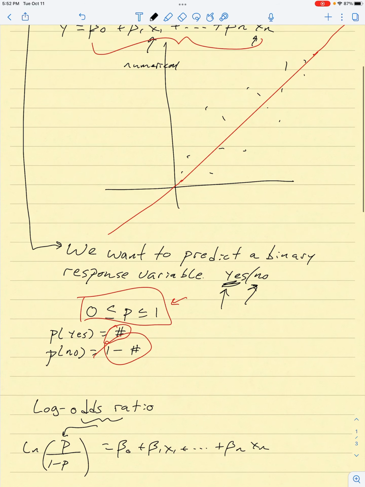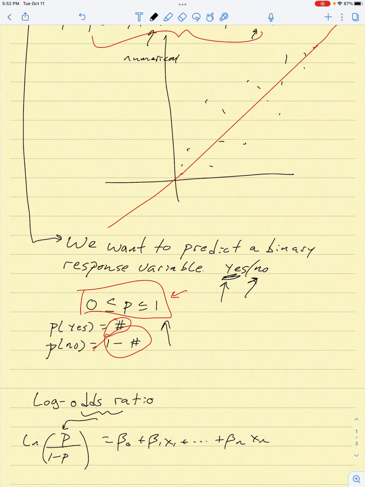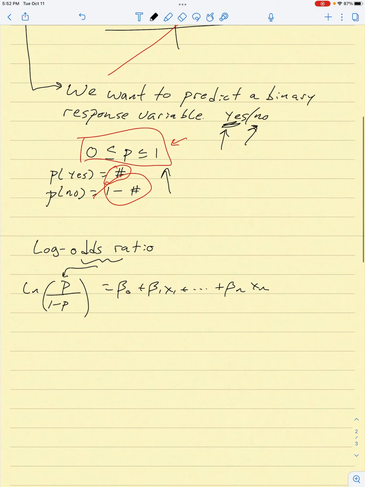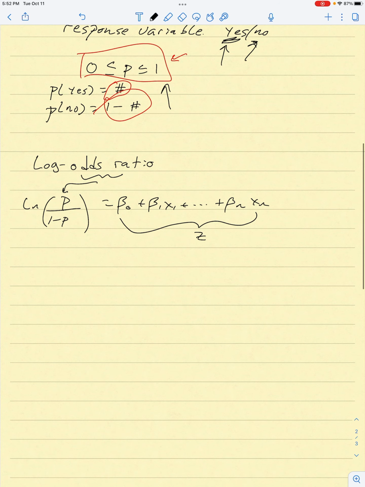This fixes the problem of getting values outside of 0 and 1. Because what's going to happen if we work out the math, I'll call this Z. That's a bad Z. All right. We get the natural log of the odds ratio.